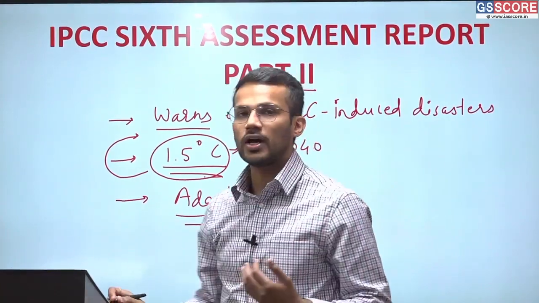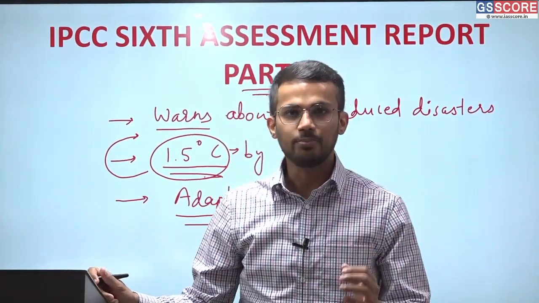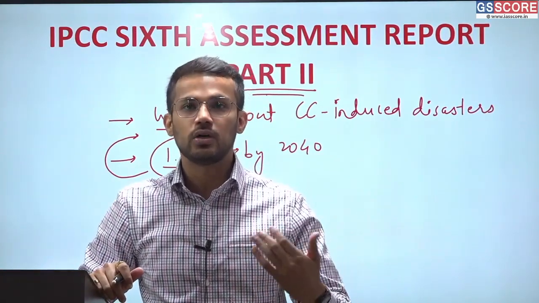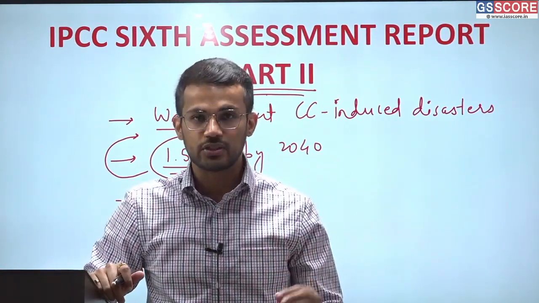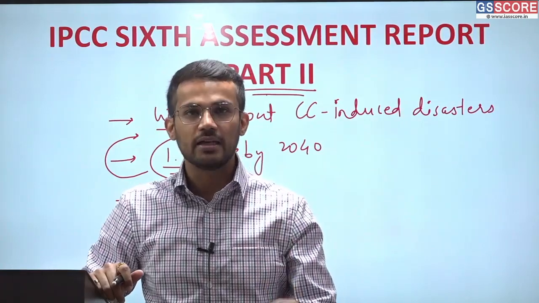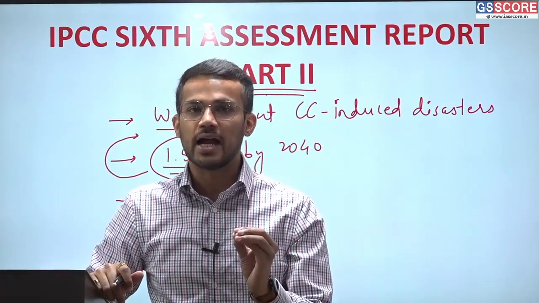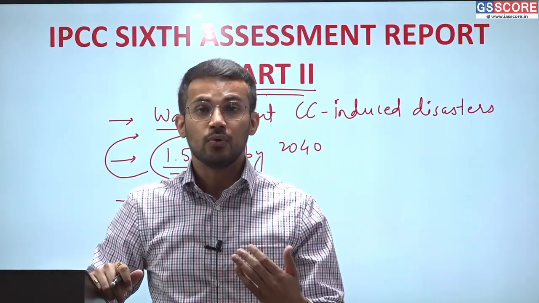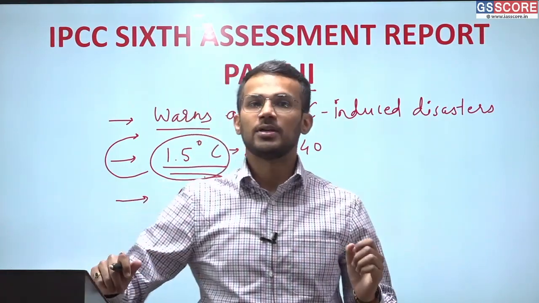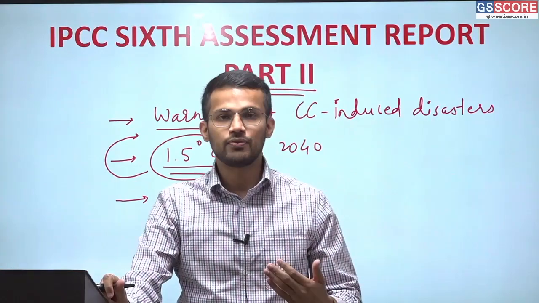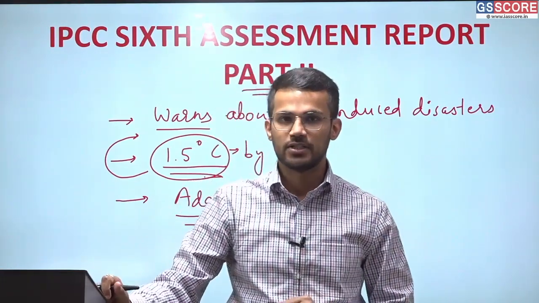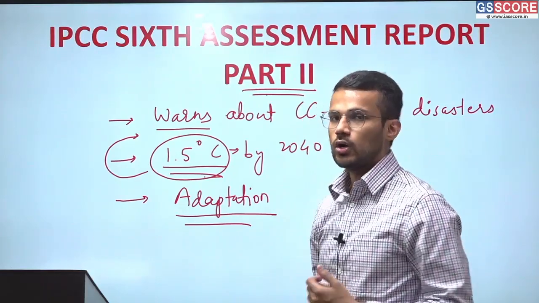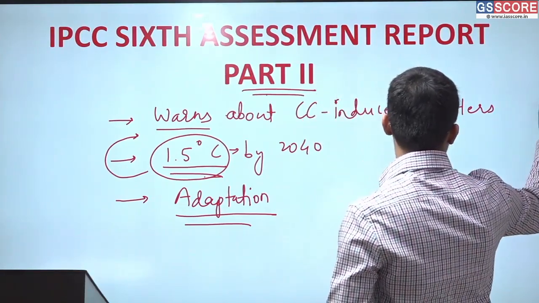And they have also highlighted that if we are able to carry out adaptation to climate change in a short period of time, then the cost involved with adaptation will be lesser. And this kind of adaptation will be effective to reduce the impacts of climate change. So that was the highlight of part 2 of the 6th assessment report.